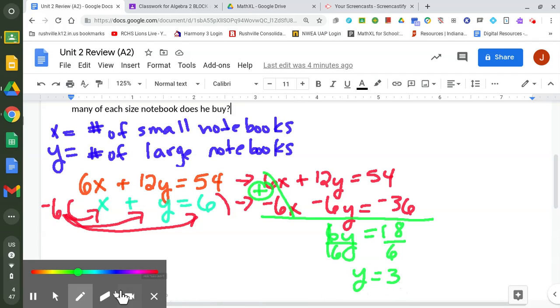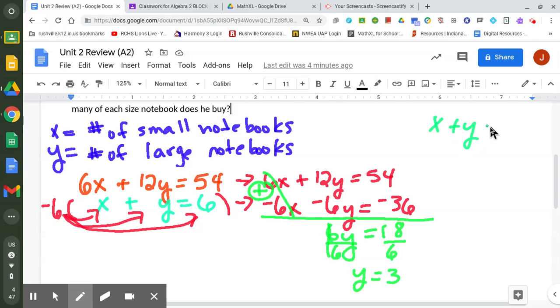So to find out how many small notebooks were purchased, I am actually going to go back and use the equation that's in that kind of aqua blue color. So the x plus y equals 6. And so this 3 now is going to substitute into that y.